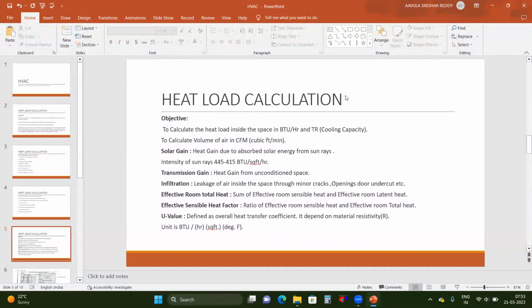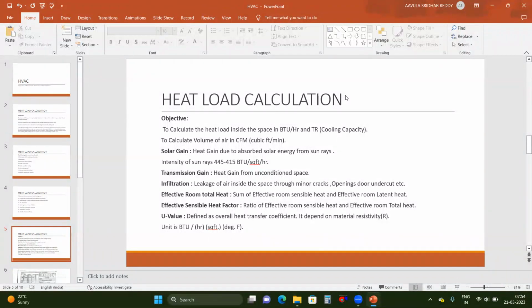Next one is solar gain: heat gain due to absorbed solar energy from sun rays. Intensity of sunrays is 440 to 415 BTU per square feet per hour. We will calculate the heat gain from the sun through windows, doors, roof, walls, and any other partitions.